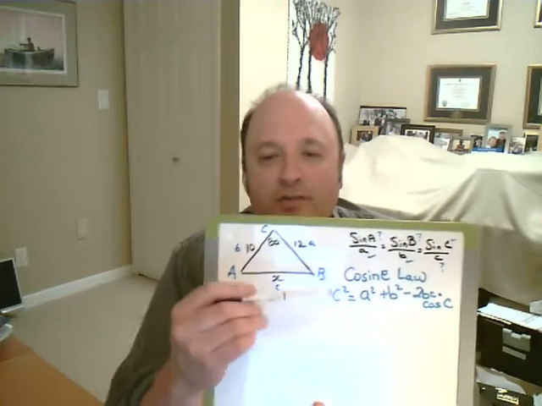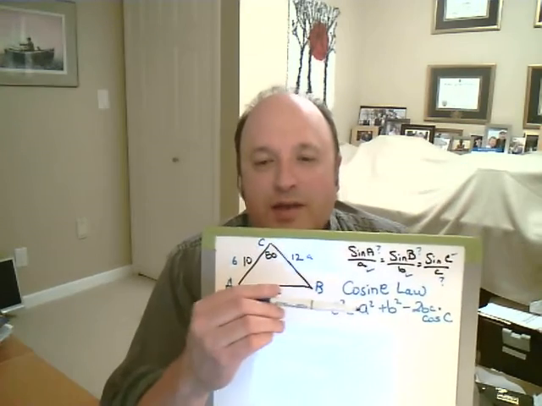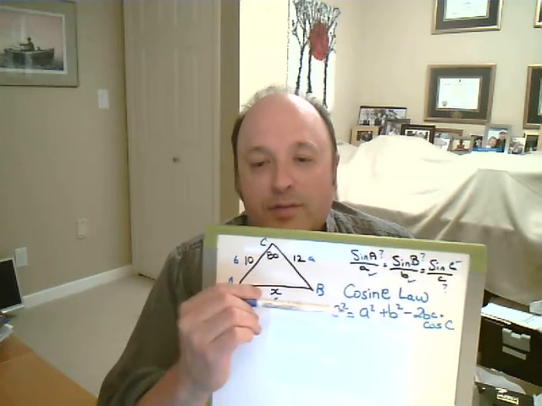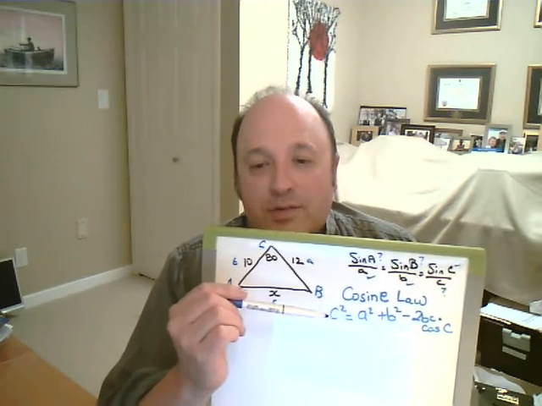Okay, so it's rather long-winded, right? It's c squared is equal to a squared plus b squared, which by itself is Pythagoras' theorem. A squared plus b squared is equal to c squared.